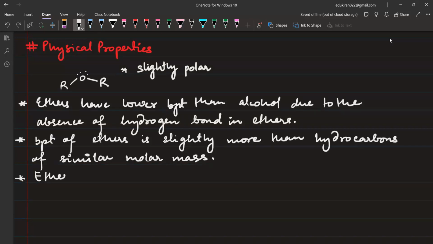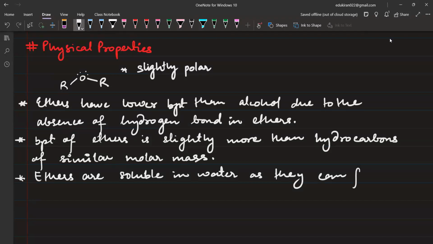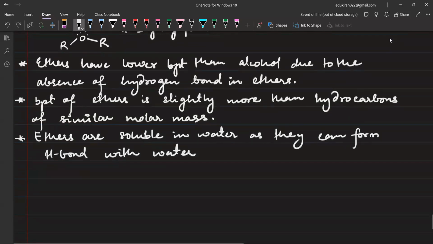ethers are soluble in water as they can form hydrogen bond with water. So ethers don't form hydrogen bond with themselves, but they can form hydrogen bond with water.